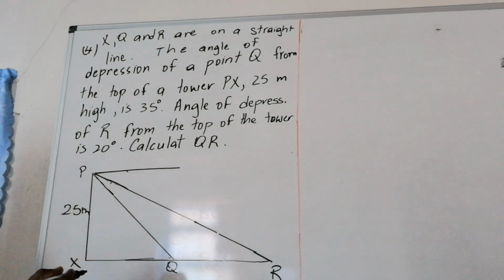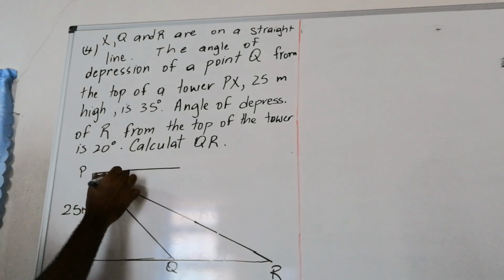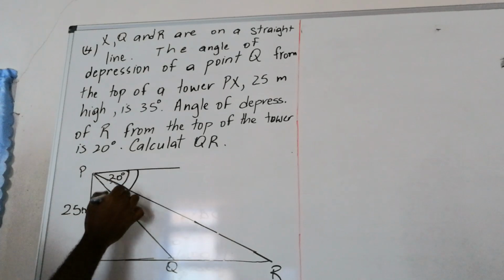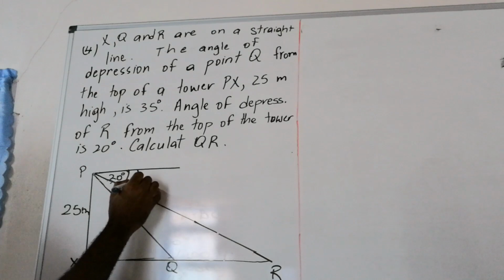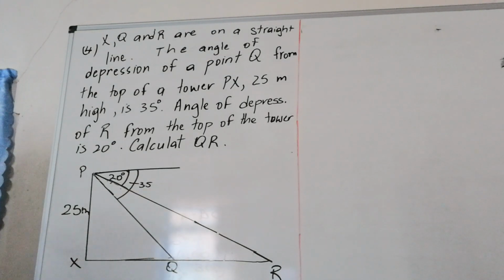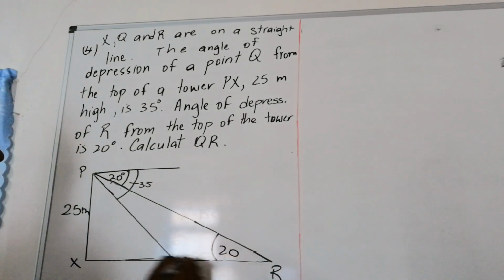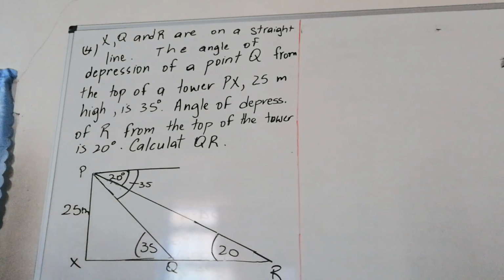So our angle from here to here, this angle here is 20. Our angle of depression to R is 20 degrees, and the angle of depression to Q is 35 degrees. Let's put that there. So what we could do is put our angle of elevation. Our angle of elevation will be 20 here and 35 here. And what we need to do is find the length of QR.